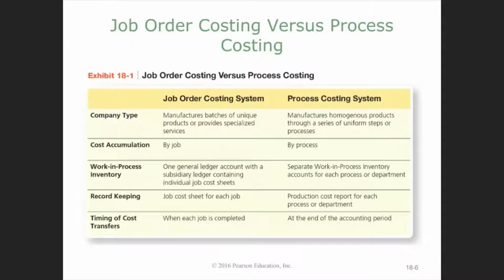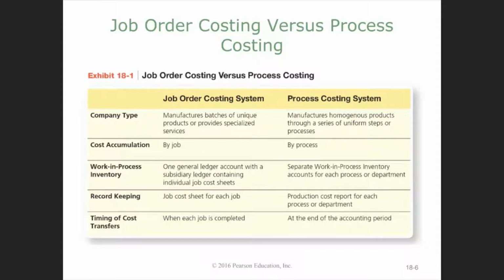So here we have a job order costing versus process costing diagram. And we see here we have the company type, cost accumulation or work in process inventory, record keeping, and the timing of cost transfers. And then in the other columns, we're comparing job order costing systems and process costing systems.